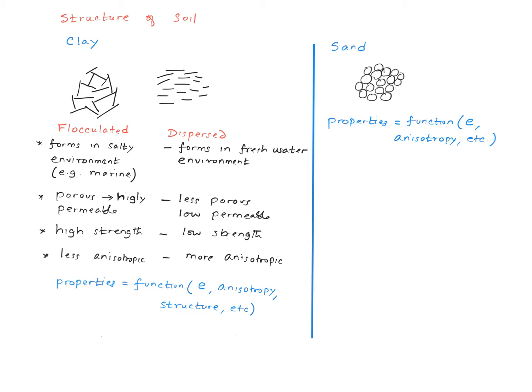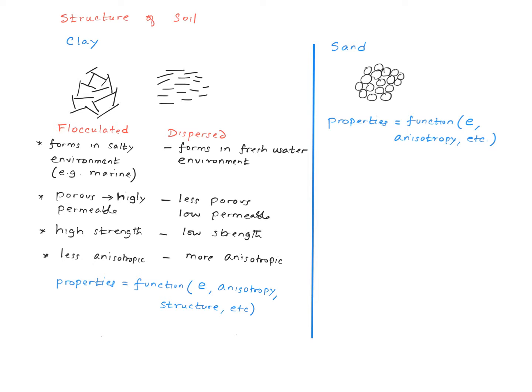But the particles can be arranged in an anisotropic manner, and therefore the properties are a function of the void ratio, anisotropy, and a few other things, including particle-to-particle friction, which we have in clays as well. So it's a bit simpler than in the case of clays.